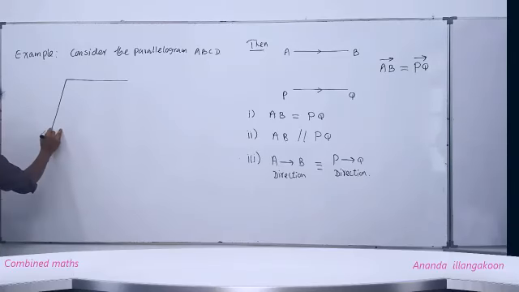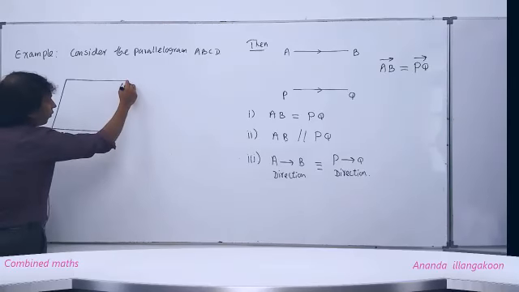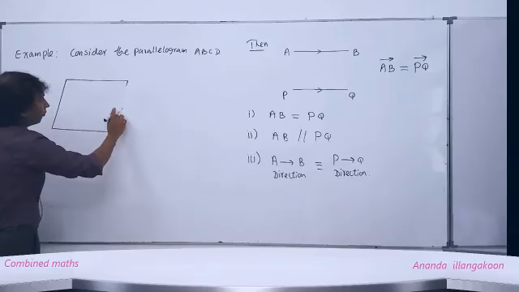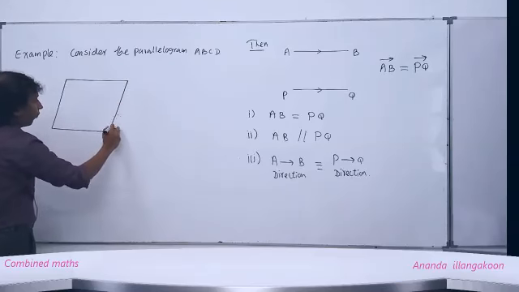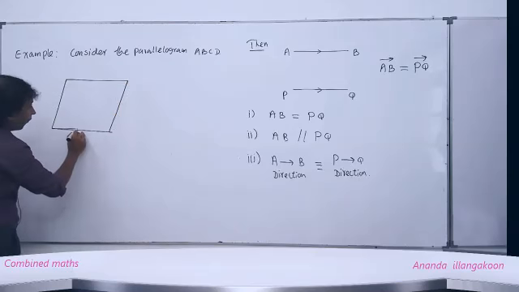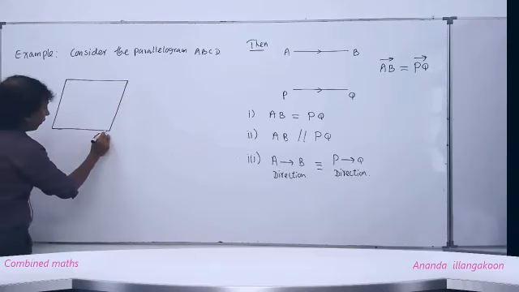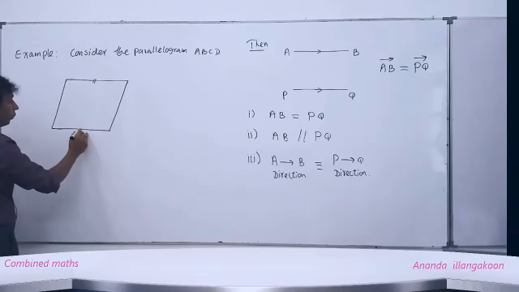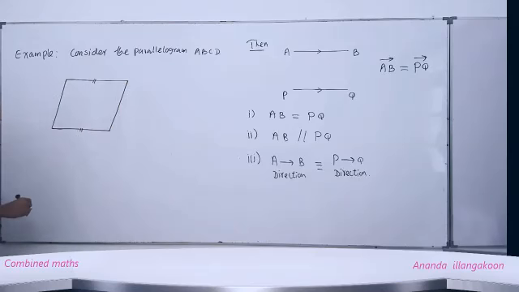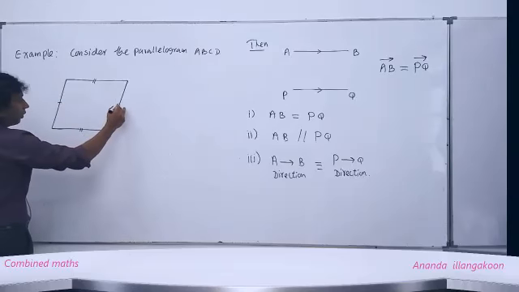Well, you know the geometrical properties of a parallelogram. What are the geometrical properties? The opposite sides are equal and parallel. These two are equal and they are parallel. These two separately equal and parallel.